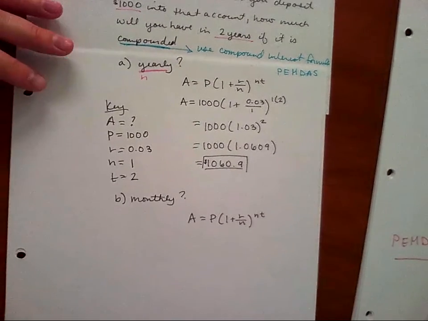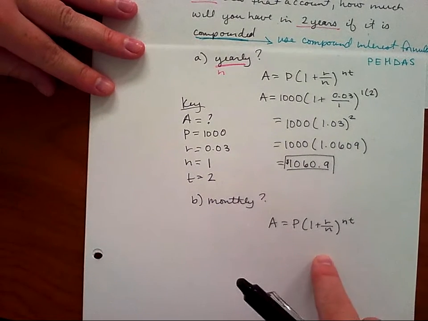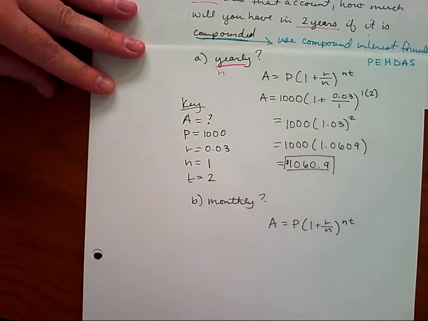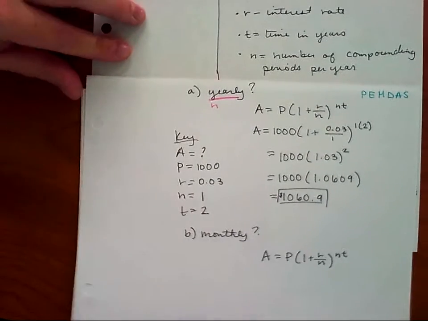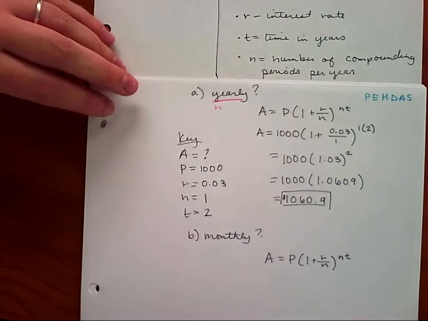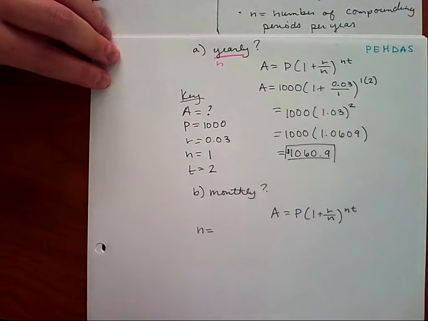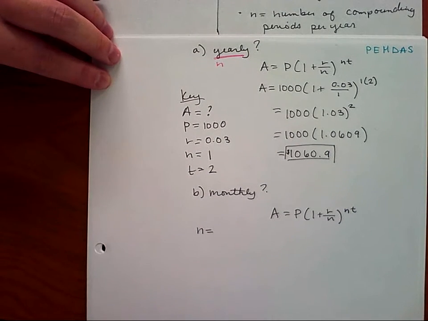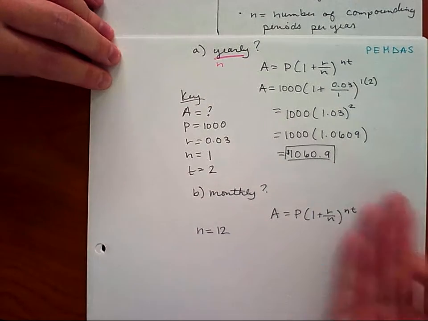N changes. Good. N went from yearly to now monthly. What does N represent again? The number of compounding periods per year. So if it's compounded monthly, how many times am I compounding it per year? 12. Then it's the same exact formula, right?